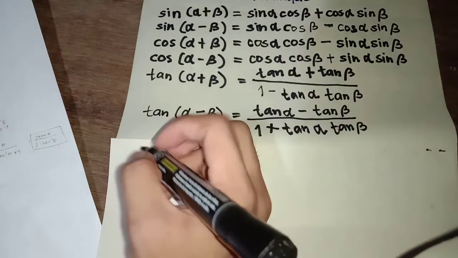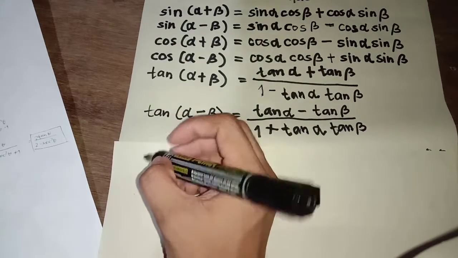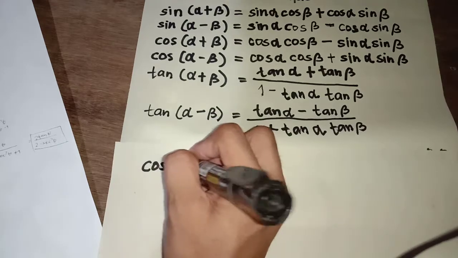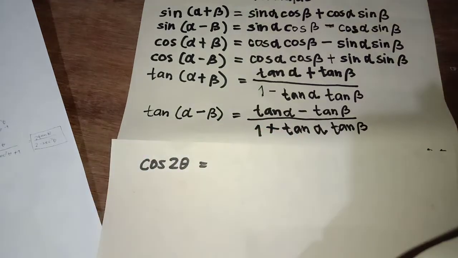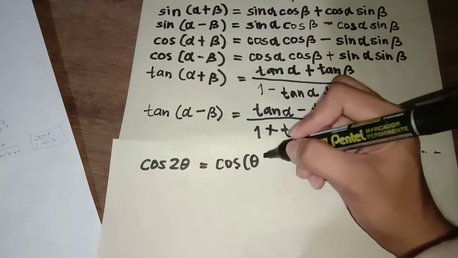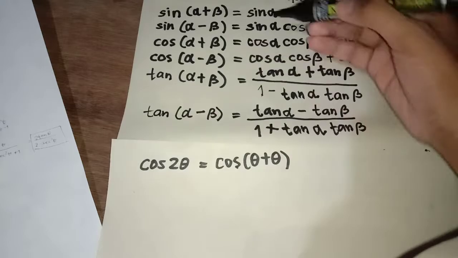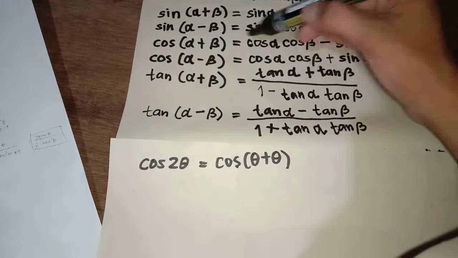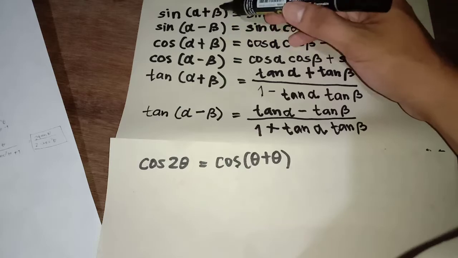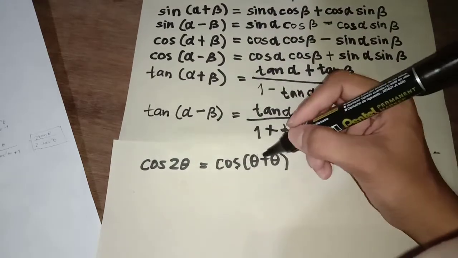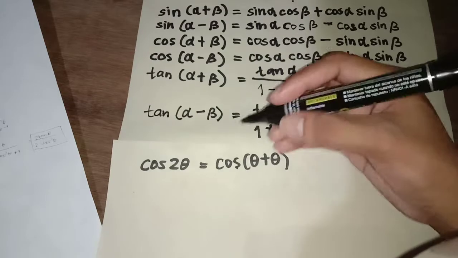So now let us try to derive the double angle for cosine, that is cosine 2 theta. Again, this is just equal to cosine of theta plus theta. So applying the sum identity for cosine, the first angle is theta and the second angle is theta.